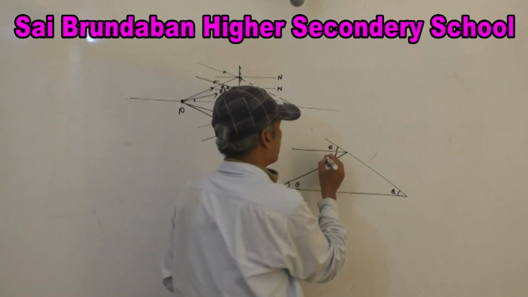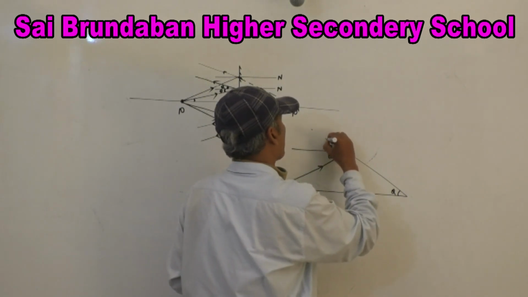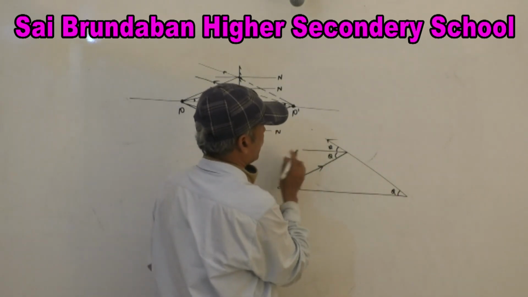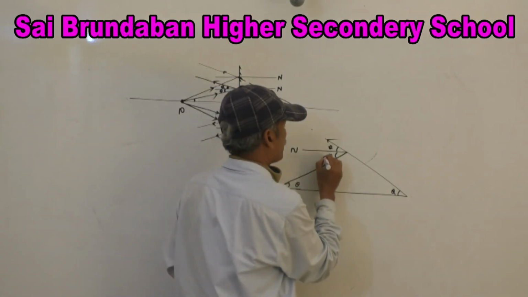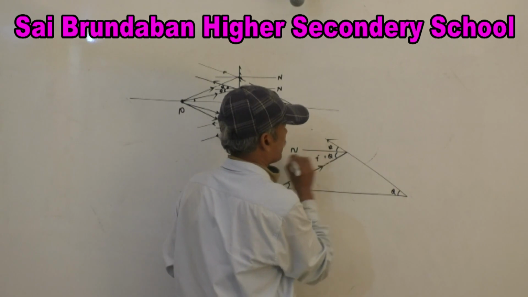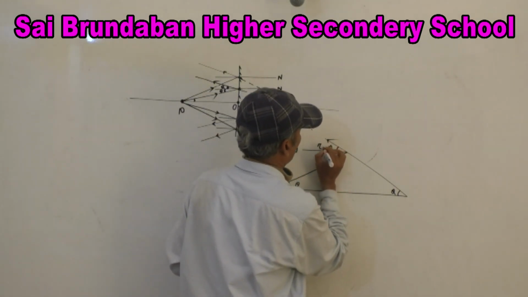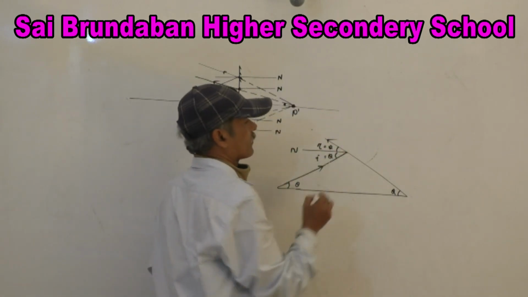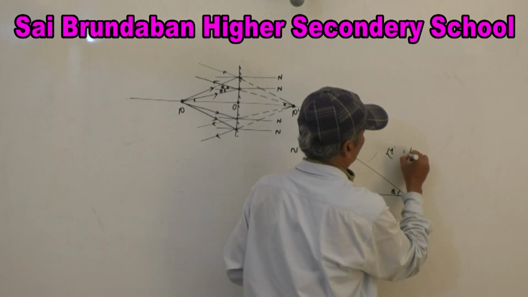Because this is the normal. So this is no doubt I, and this is no doubt R. I is equal to R is equal to theta.